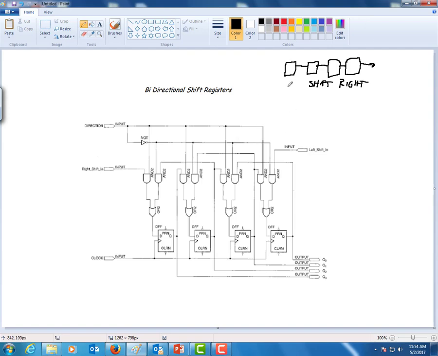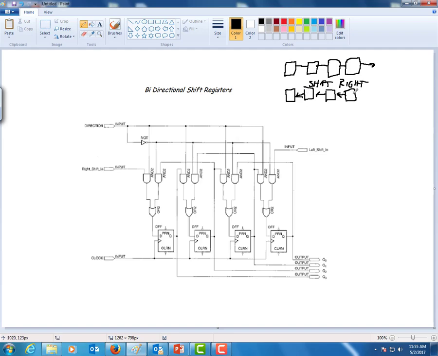Now, let's draw this again, exactly the same way. 1, 2, 3, and 4. I could draw 8 of them, but 4 is good enough. How about if it goes like this? Suppose when you clock it, it's going to shift this way, and this way, and this way.